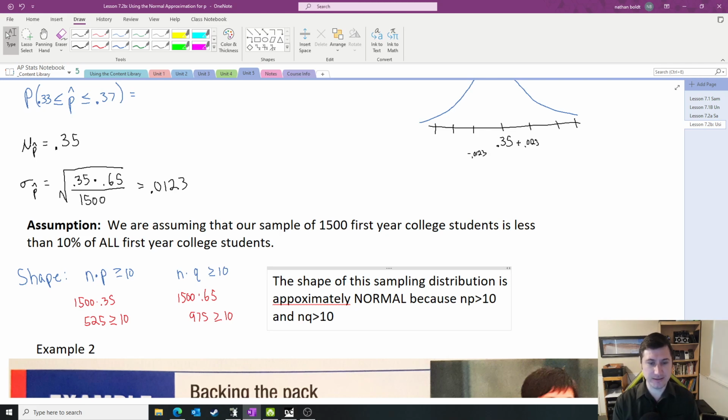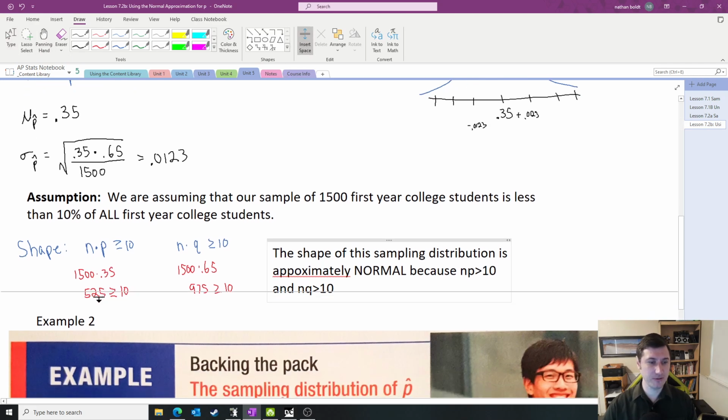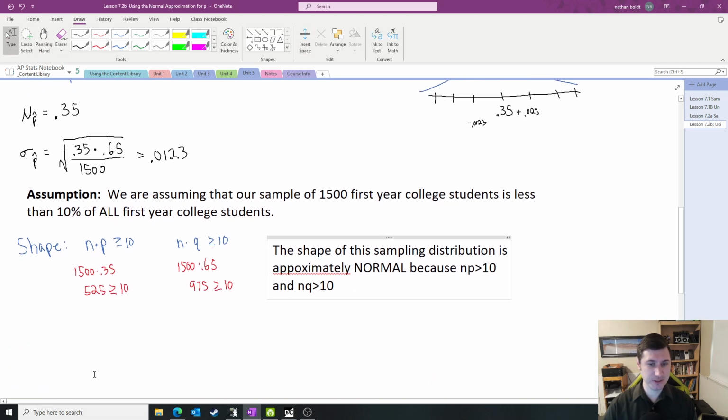I think I should technically say greater than or equal to, but I'm not sure how to type that in right now. But yeah, I probably should put the equal sign underneath those alligators. All right, and so we did the math, so we know this shape is approximately normal. We have now done all of our assumptions, our conditions to make sure that we can now do a normal CDF.